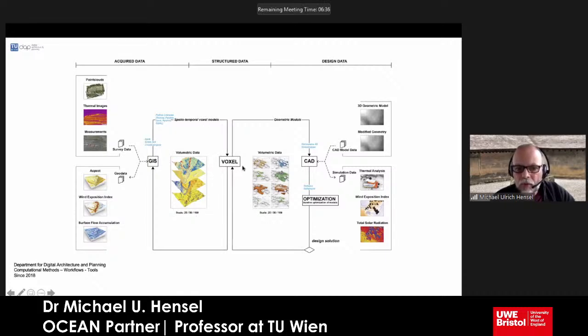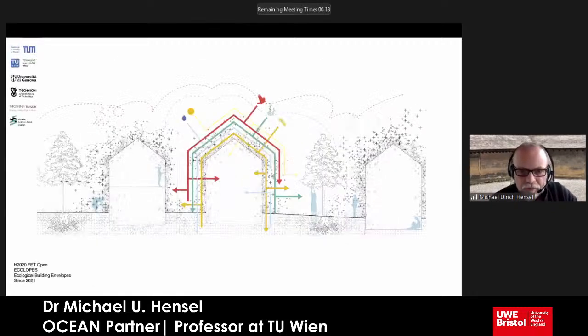Nowadays, we work a lot with voxel models as a way of doing this. And then this is linked to a regular process in CAD through which you establish then either your distribution of volumes or your articulation of an architecture, etc.